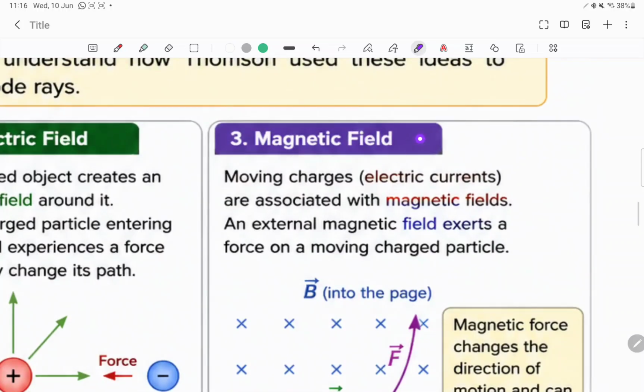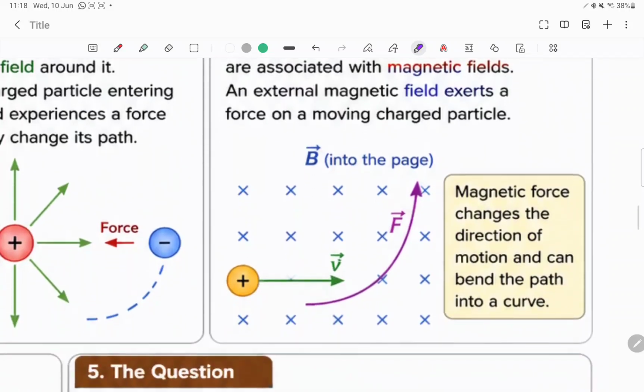Next, what did they know about the magnetic field? Scientists found that moving charges are associated with a magnetic field, and an external magnetic field exerts a force on moving charged particles. In the diagram, positive charged particles move in this direction.